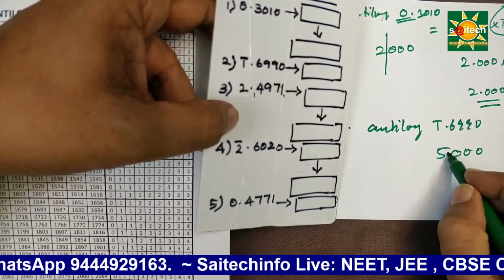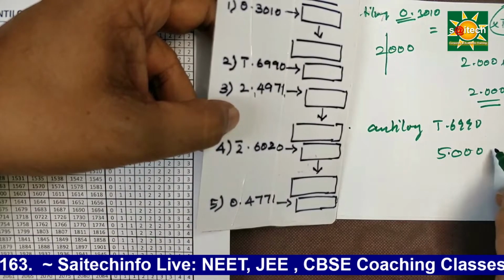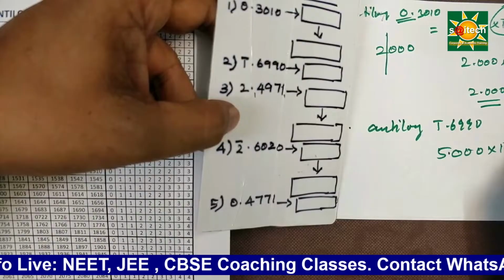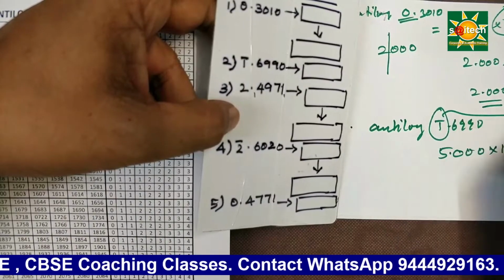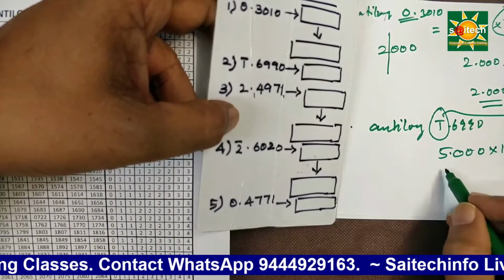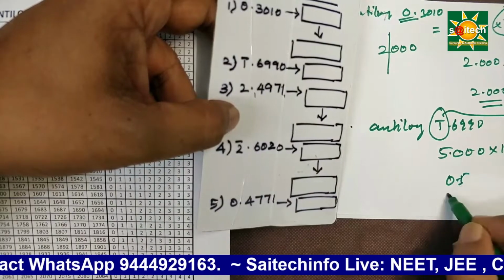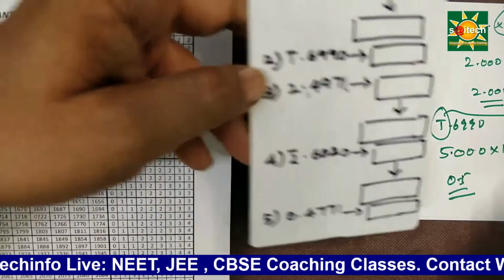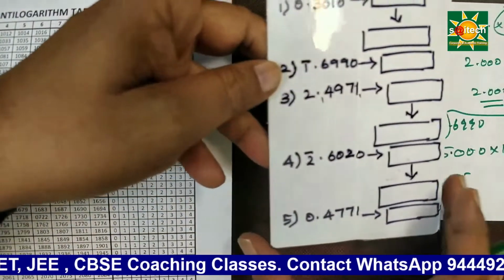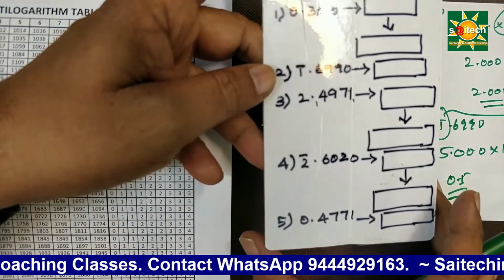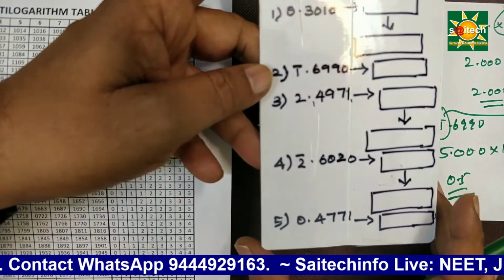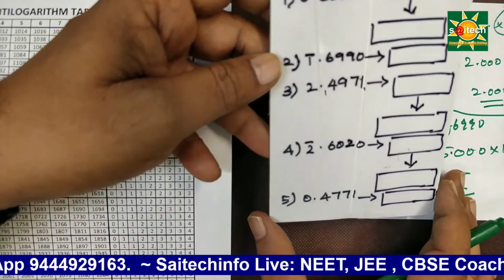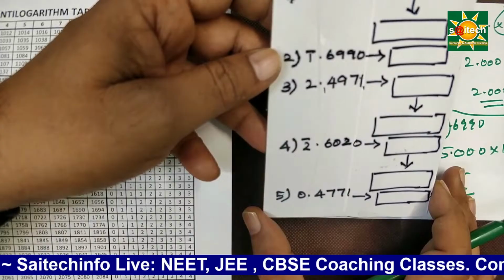Now what you are supposed to do, take 5 point single decimal into 10 power and you write power minus 1. Whatever you have here can be written here. So 5.0 means 0.5. Okay. So the value is 0.5. Got it? So likewise, we have to proceed these values. Okay, try these values. Try to find out the antilog of all these values, right?